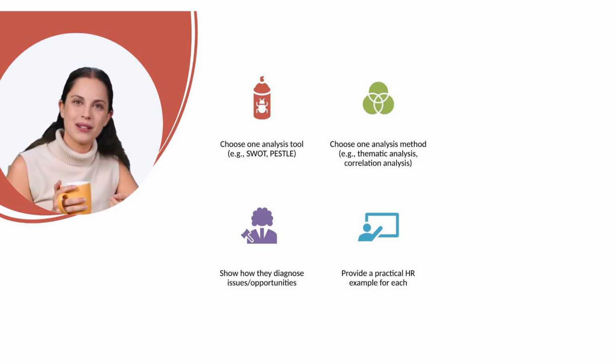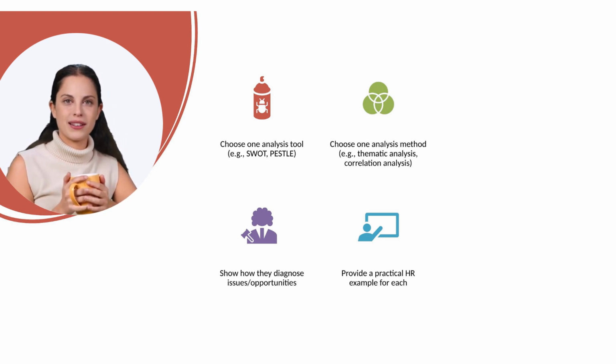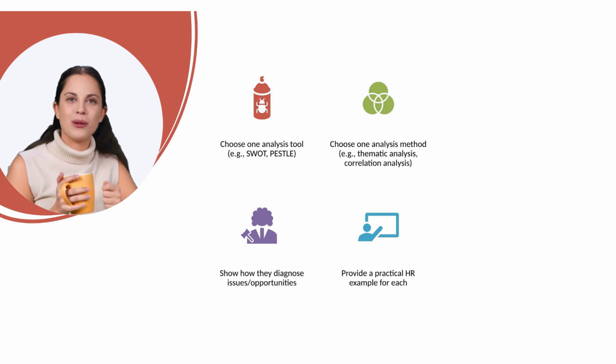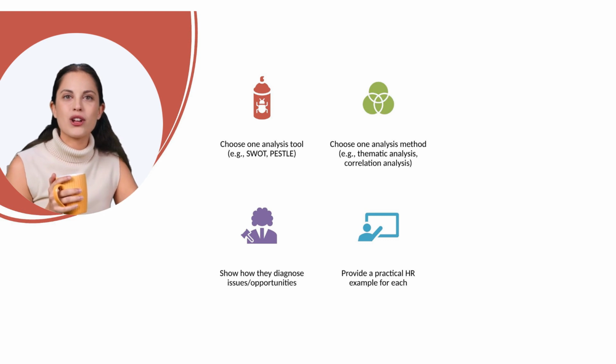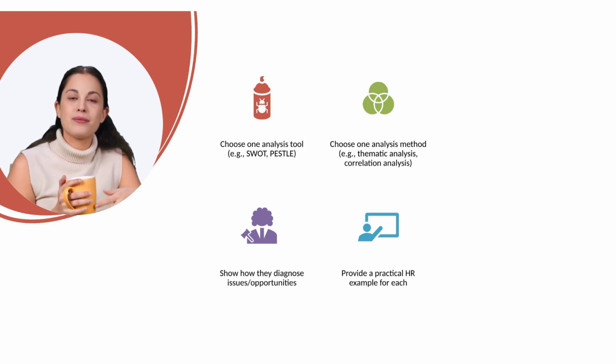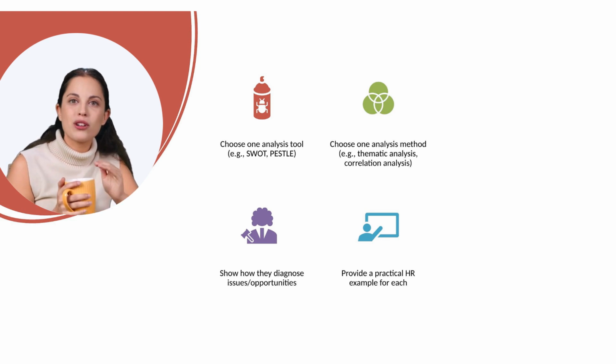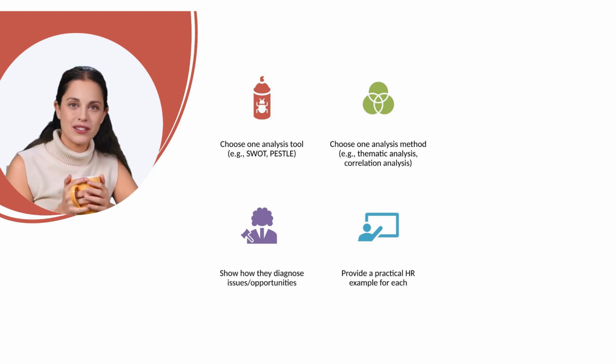As a method, thematic analysis is useful for interpreting qualitative feedback, e.g., employee surveys, while correlation analysis can examine links between absence rates and job satisfaction scores. Use examples such as diagnosing training needs or identifying the cause of declining engagement. Emphasize how both approaches guide strategic HR actions and planning.